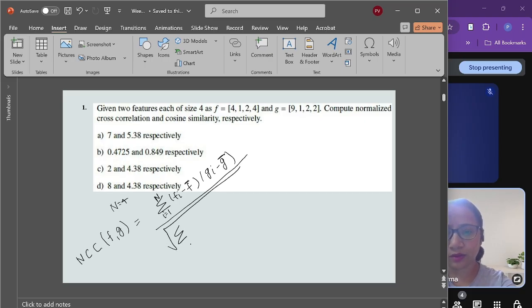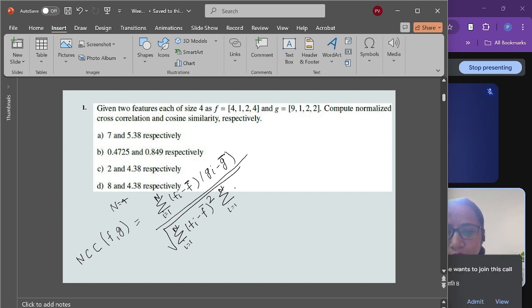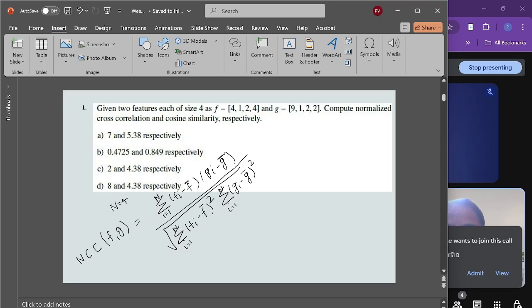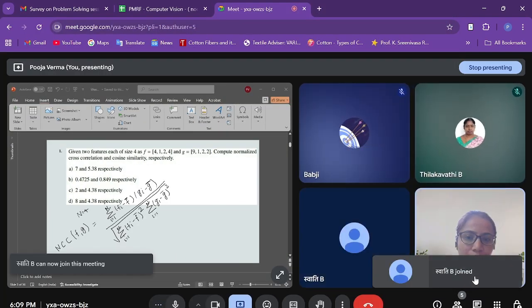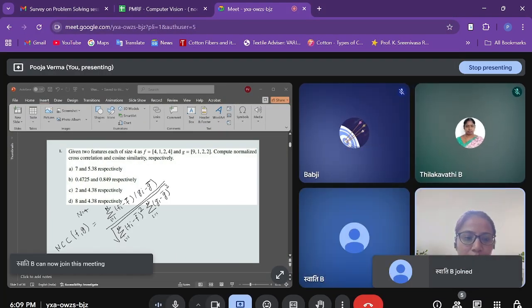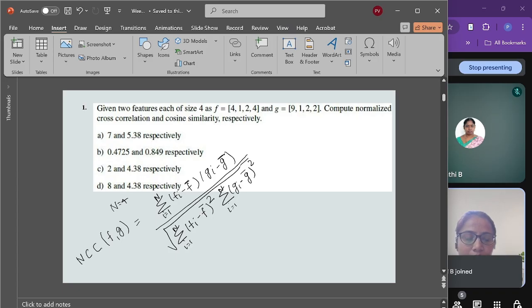In the denominator, the root of the sum for i equal to 1 to n of (fi minus f dash) whole square, times the sum for i equal to 1 to n of (gi minus g dash) whole square. So this is the formula for calculating NCC, the normalized cross correlation.